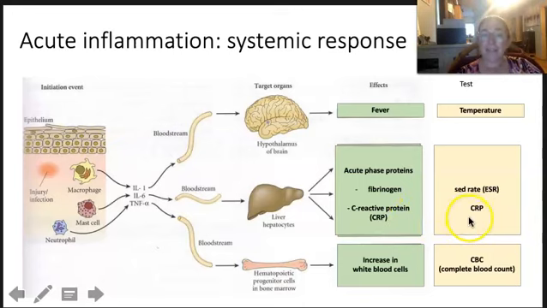And then for C-reactive protein, there are blood tests to measure the amounts of CRP in the blood. Another blood test you can do is a CBC, which stands for a complete blood count, where it counts the total proportions of all the different types of white blood cells in your blood to determine whether they are at normal baseline levels or if they are elevated or increased.